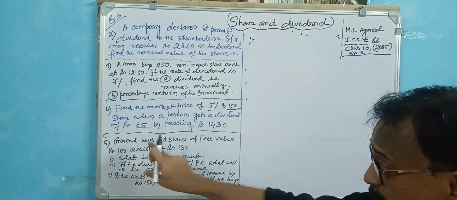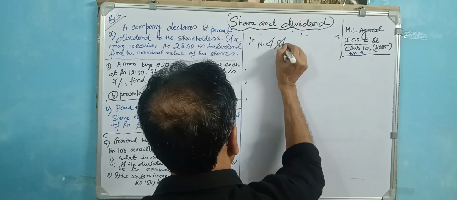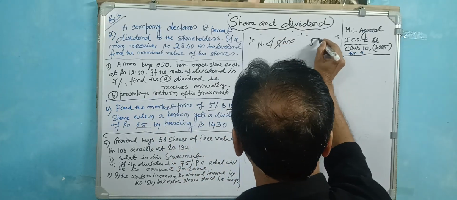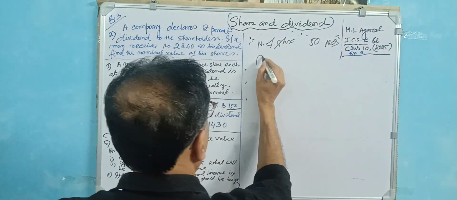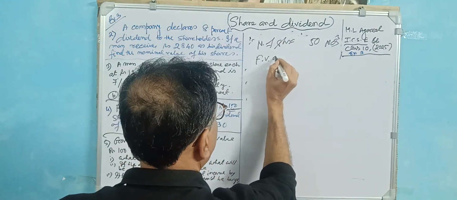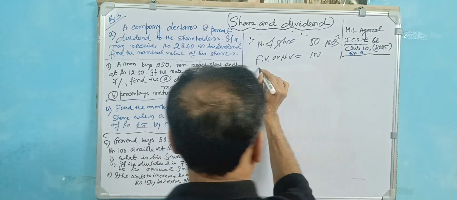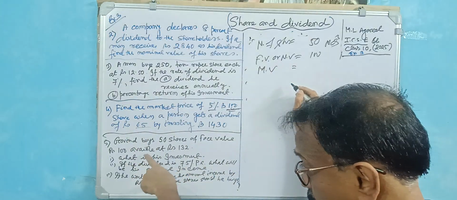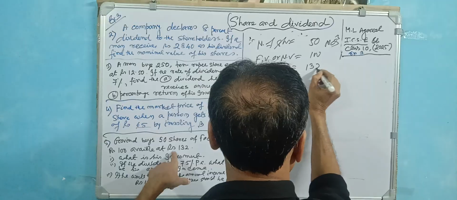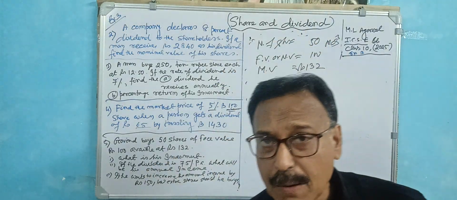Here Gavin buys 50 shares, so number of shares, this is the given data, 50 numbers, no problem. Of face value rupees 100, face value or NV, nominal value, this is 100, but available, that is the market value, 100 available at rupees, that means he buys from the market.